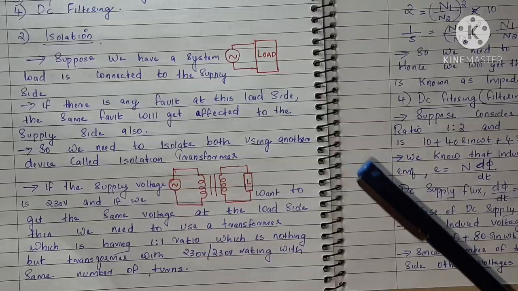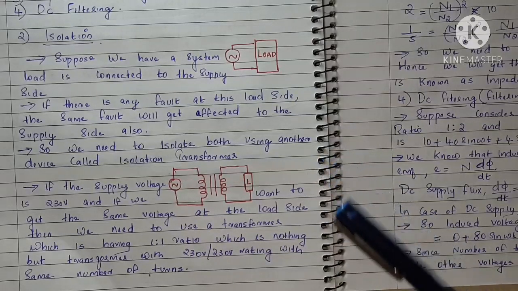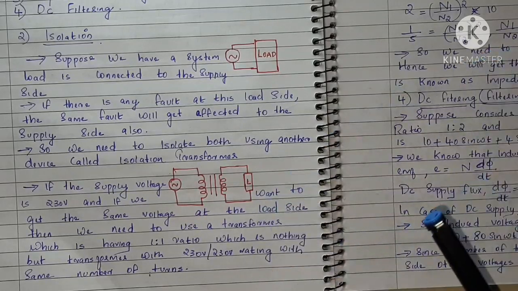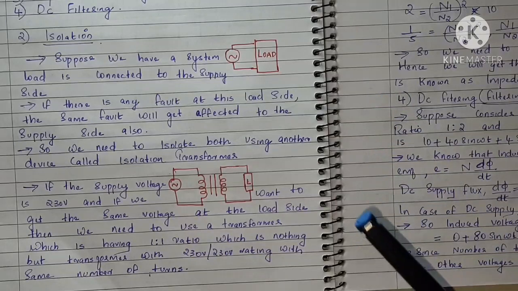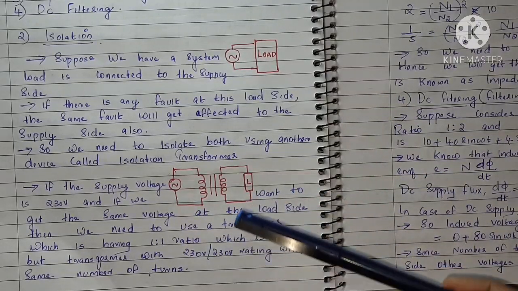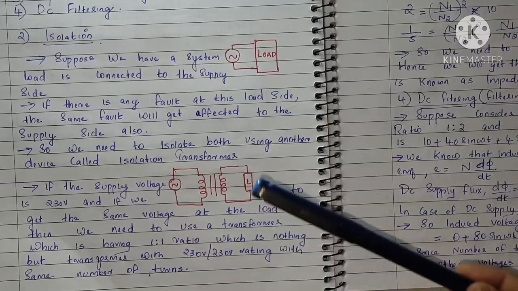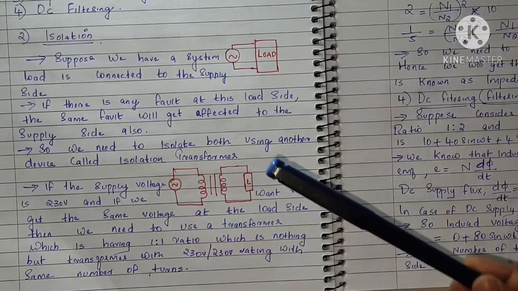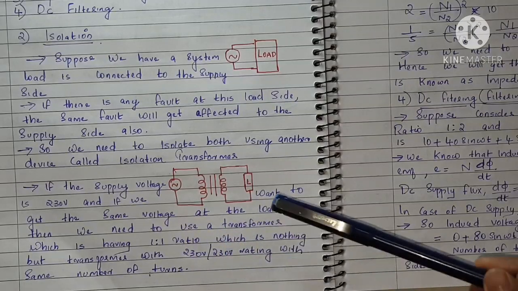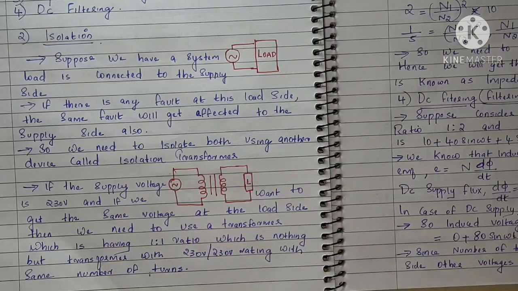If the supply voltage is 230 volt and we want to get the same voltage at the secondary side, that is the load side, then we need to use a transformer having a 1:1 ratio. A 1:1 ratio transformer is nothing but a transformer having the same voltage rating at the primary as well as the secondary side, that is 230 volt by 230 volt rating with the same number of turns.